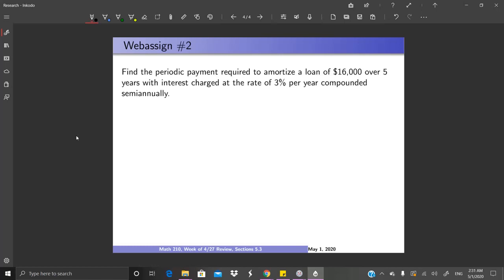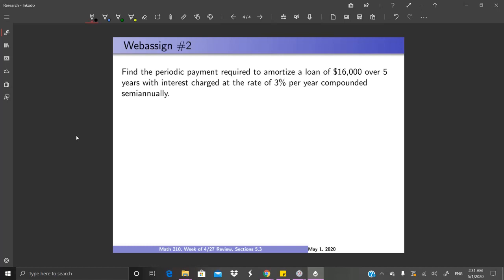Of course, the wording on your actual web assignment homework is not like this, but I figure it's better to get used to problems worded differently that essentially are asking you for the same thing. So if you go back to your number 2 on WebAssign, see if you can tell whether this wording is the same exact thing as that wording there.